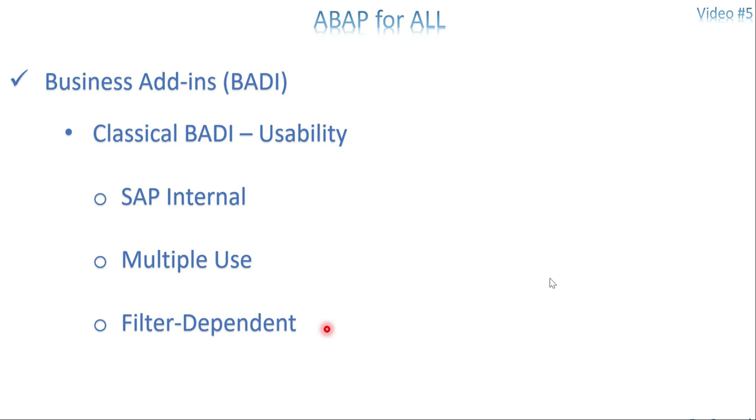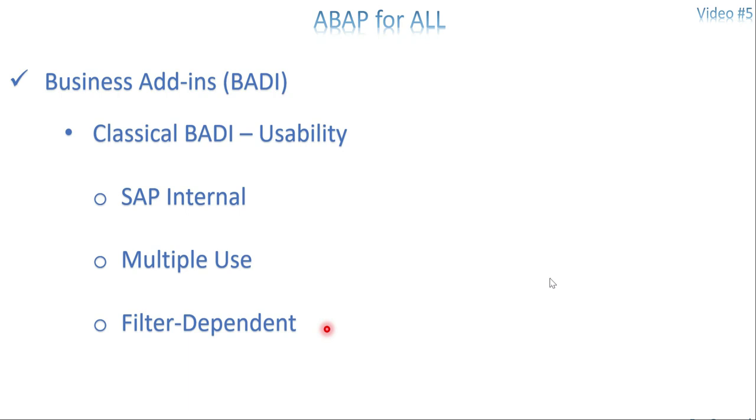It should work only for a particular condition, not for everything, because it could affect other business scenarios as well. That is nothing but filter dependent. It works only for the filter which you are assigning. So at the BADI design level itself, you control when this BADI implementation is triggered. These are the usability options of classical BADI.